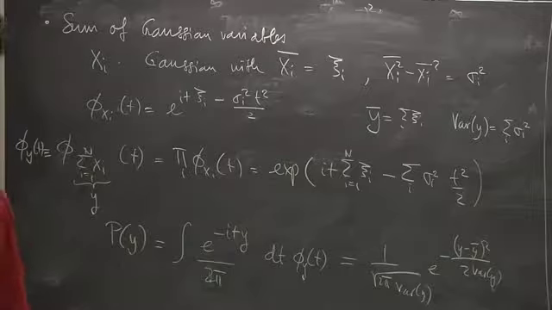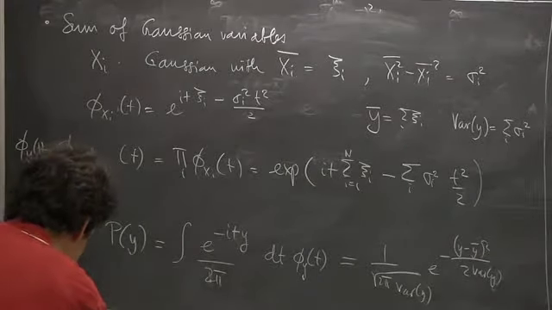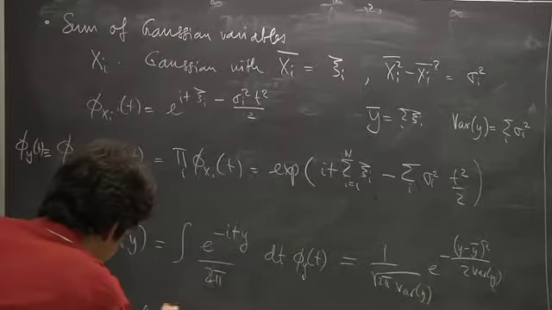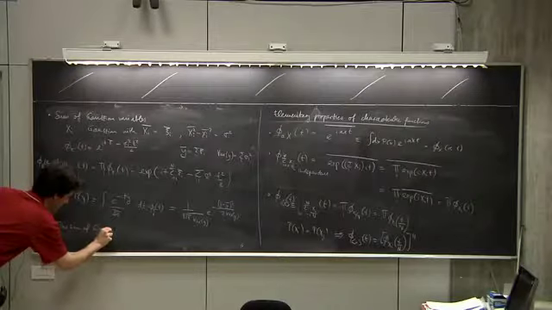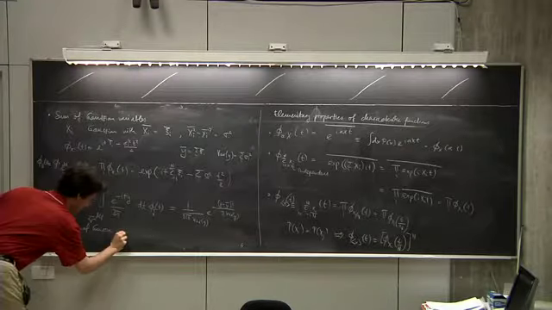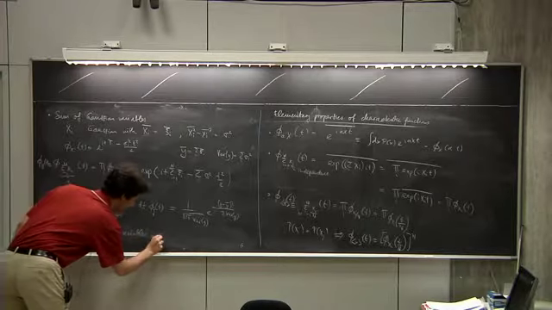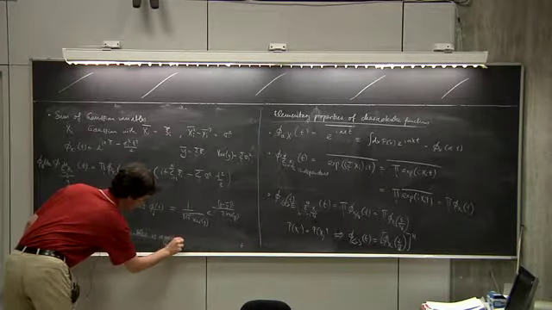So the important conclusion is the sum of independent Gaussian variables is again a Gaussian variable.